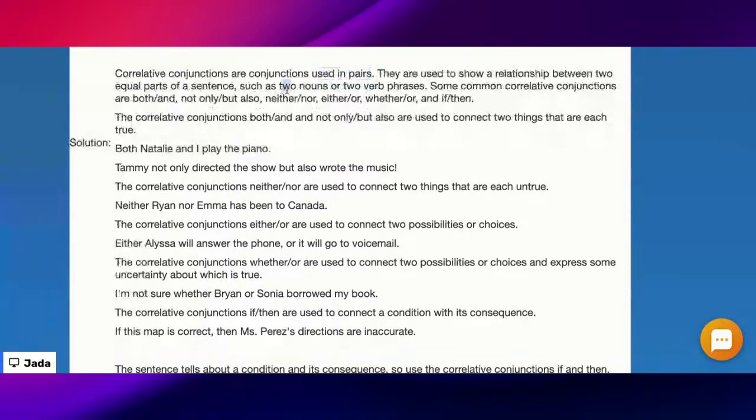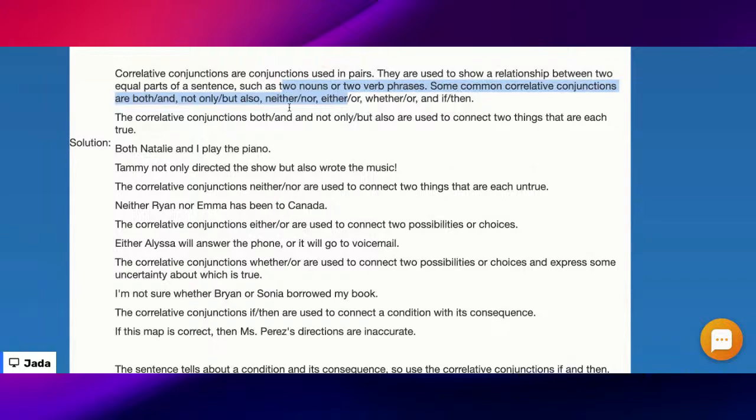verb phrases. Some common correlative conjunctions are both and, not only but also, neither nor, either or, whether or, and if then.